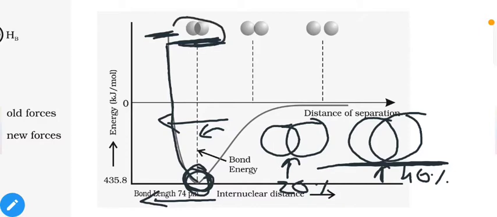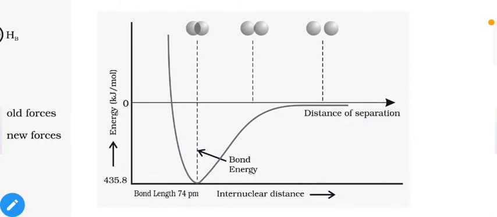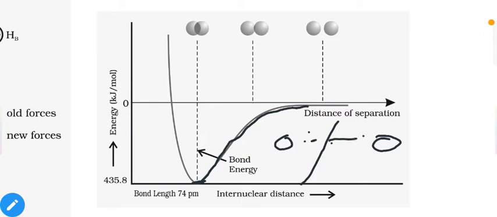So the perfectly balanced situation is here. At this point energy will be minimum. It indicates the most stable state. But again, if you try to increase the distance more than this point, then energy will again start increasing. At a certain point, it will reach the distance of separation. That means now two different atoms of hydrogen are separated from each other, and now they do not feel attraction or repulsion towards each other.